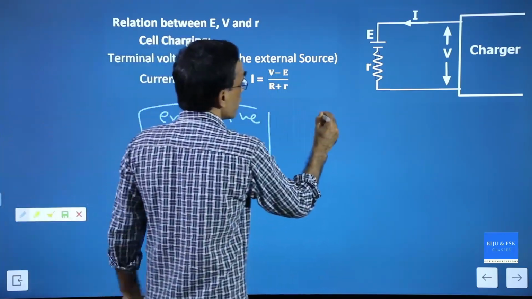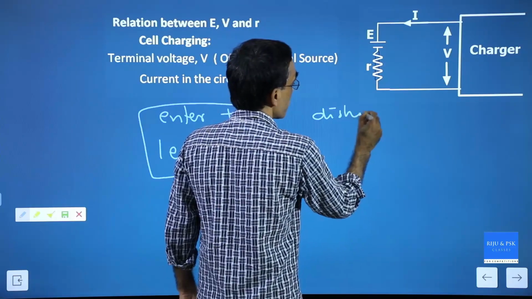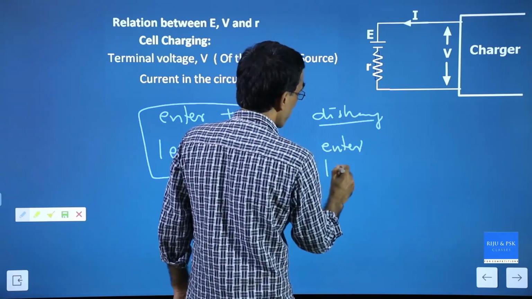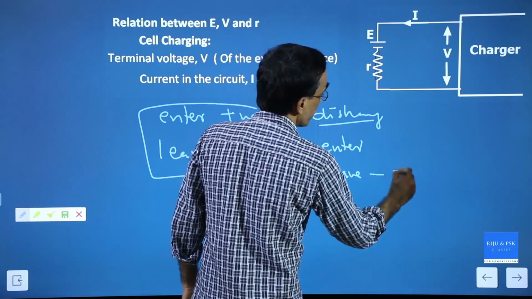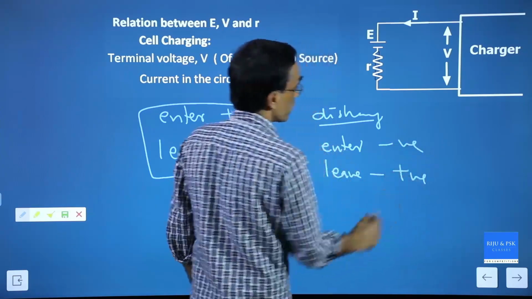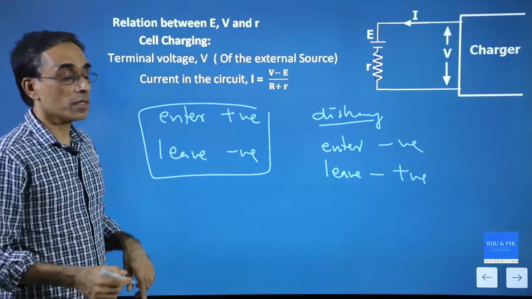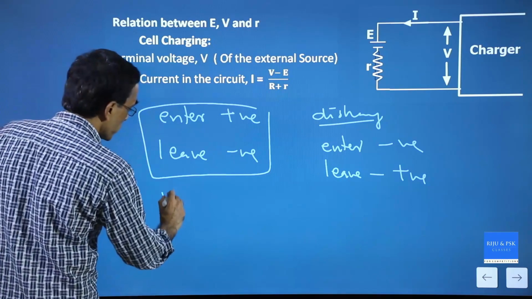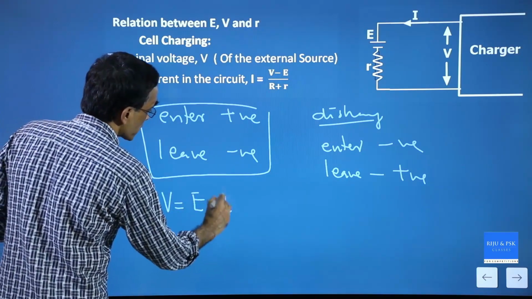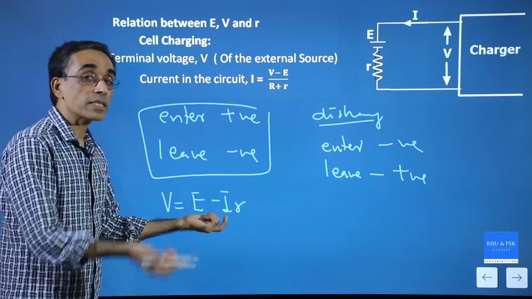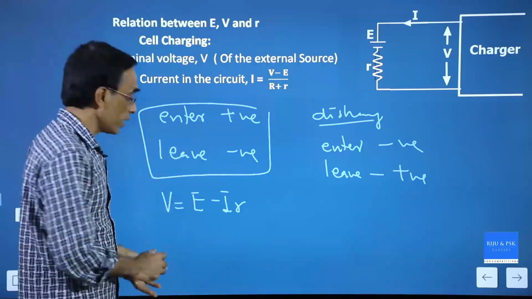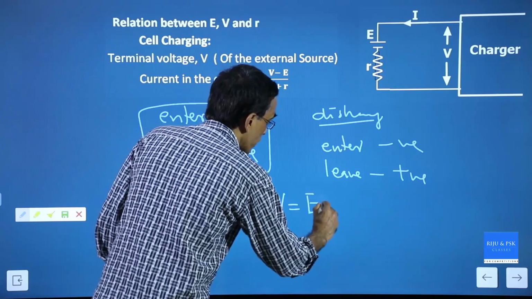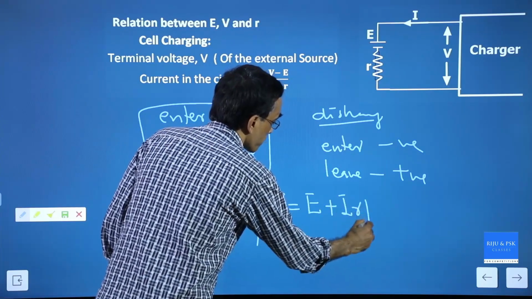During discharging, current leaves positive and enters negative. But here the current is reversed. Therefore, in the equation V equal to E minus IR, this current is reversed, so you can put it as negative current. The equation will become V equal to E plus I into R.